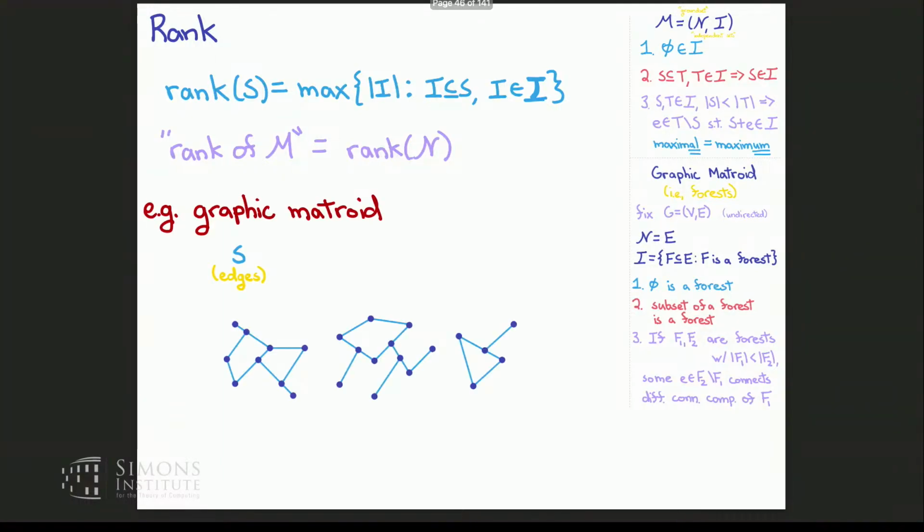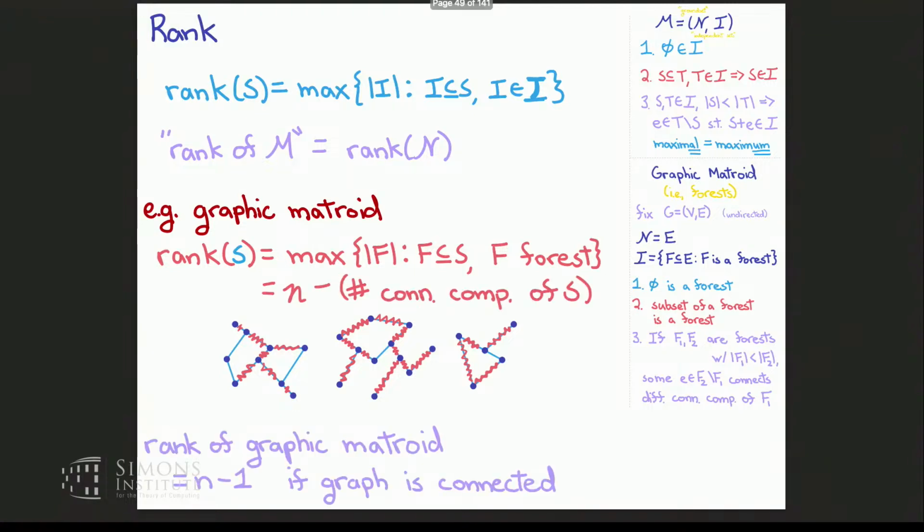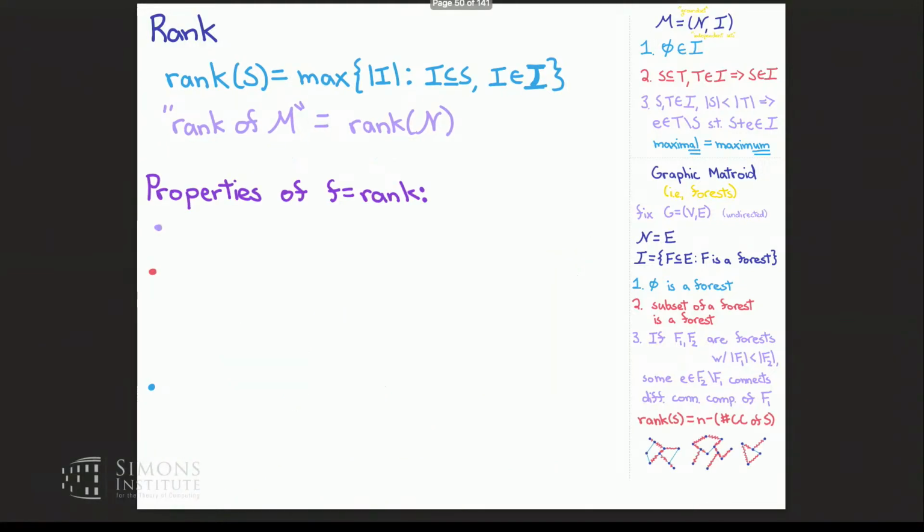So for the graphic Matroid, if I have some set of edges S, we just get the maximum forest. I'm going to take as many edges as possible without inducing a cycle. And if we think it through, this is actually going to be n minus the number of connected components. So if it's a connected graph, the maximum cardinality is n-1, which again, just reinforces what you know.